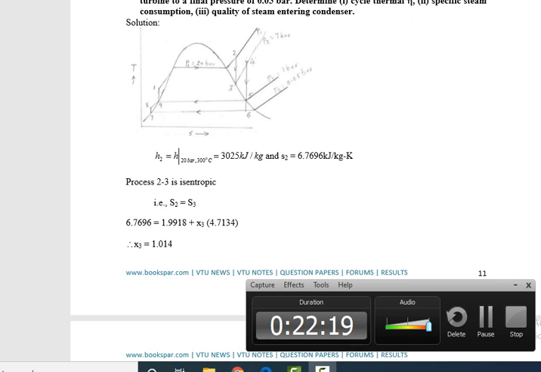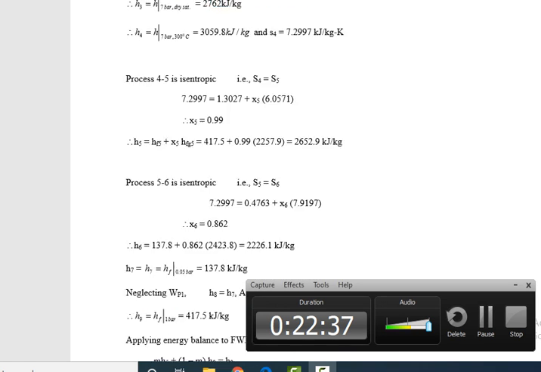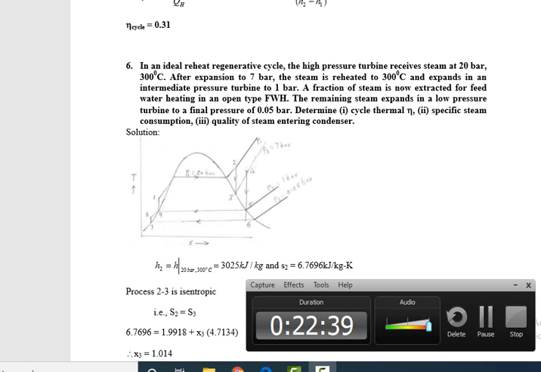Again go to point 7. This is the line 7 to 8, again perpendicular. Therefore, the enthalpy is also the same, h8 equals h7. In the case of points 1 to 9, this is the line 1 to 9.